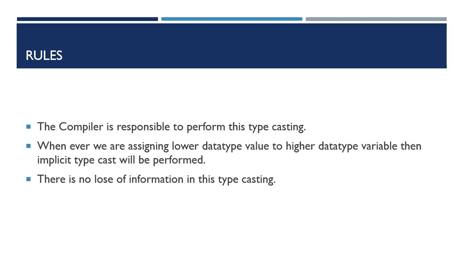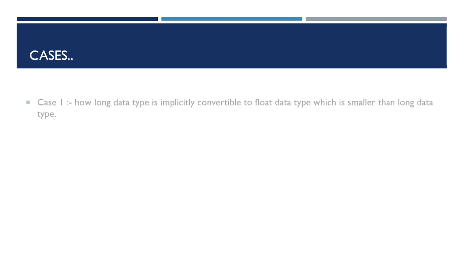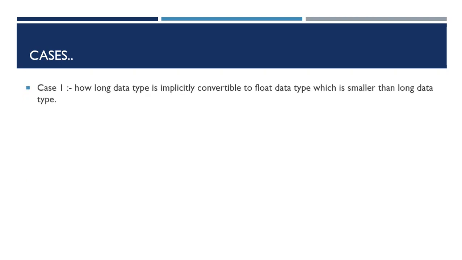The third rule: there is no loss of information, because we are assigning a smaller value to a higher value, so we are not going to lose any data. So the case I needed to discuss with you here is how long data is implicitly convertible to float data type, which is smaller than long.